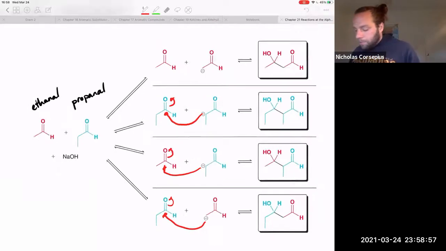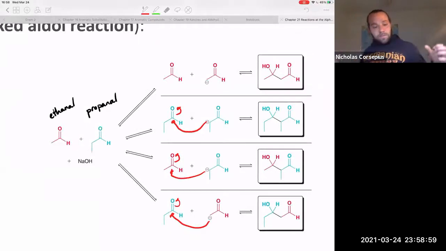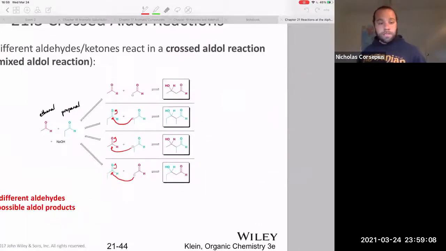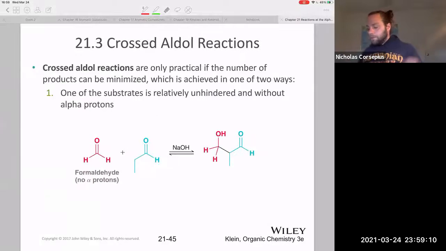Right, so if we just take a mixture of these two aldehydes, toss in some sodium hydroxide, we're going to get a real mess. So how do we do this if we want a particular product out of the two of them? Two different ways to do that. One of them is kind of a cheating way, and that is to start with an aldehyde or ketone that doesn't have any alpha hydrogens.